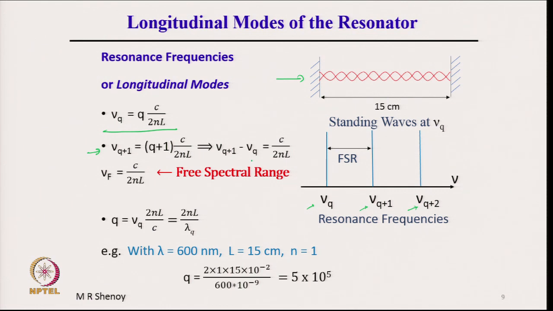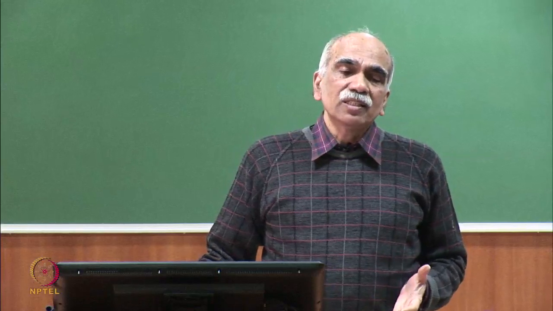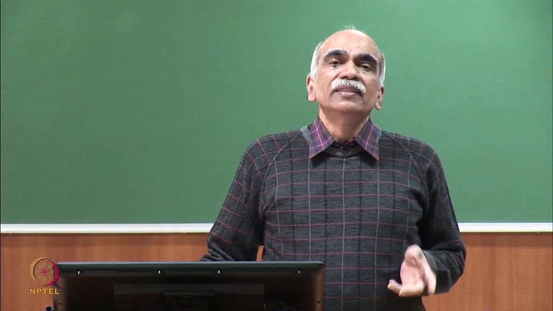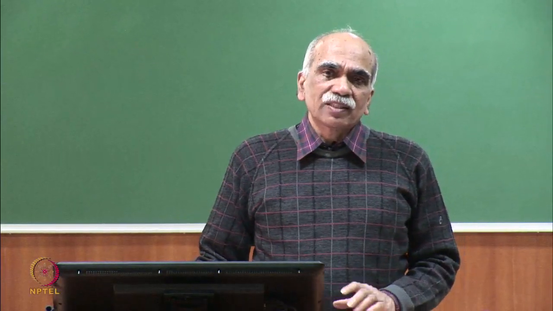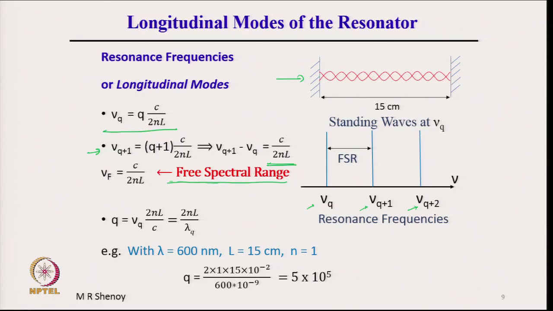The separation between them is equal to c by 2nL, and this is called the free spectral range. So, we have already seen two important characteristics of the resonator, namely the resonance frequencies ν_q and the free spectral range, FSR, ν_f, equal to c by 2nL.